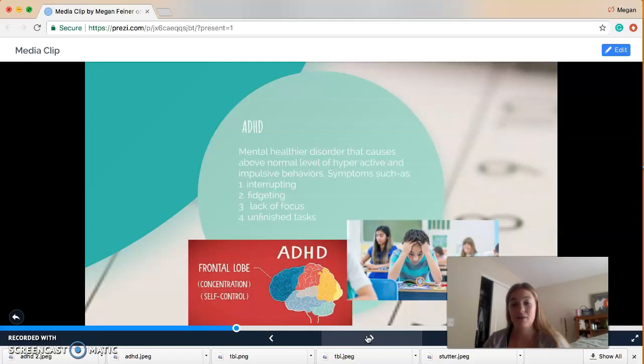Oftentimes it affects more than just the classroom. It can affect home life as well as just outside of school. And oftentimes the students have a hard time sitting there and focusing, and have an inability to control their emotions, their feelings, their arm movements, hand movements.